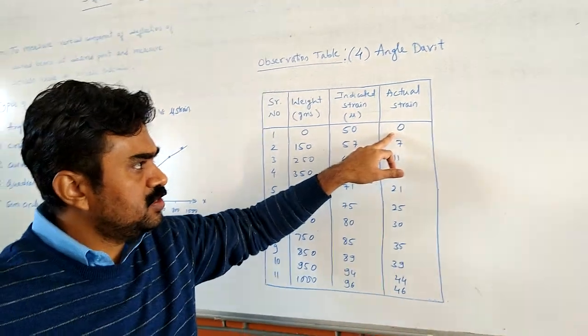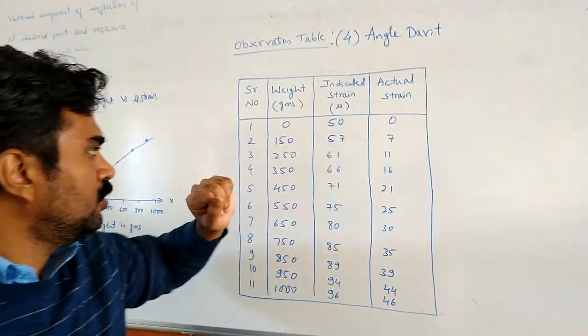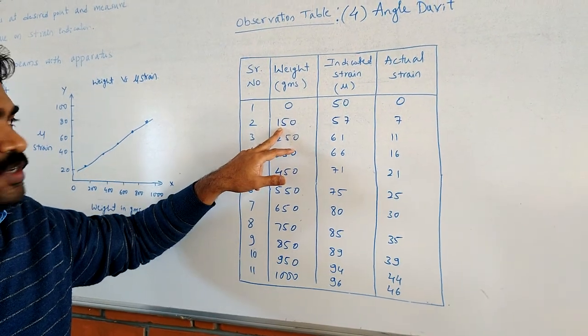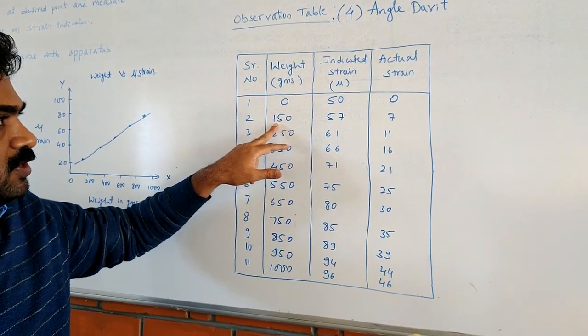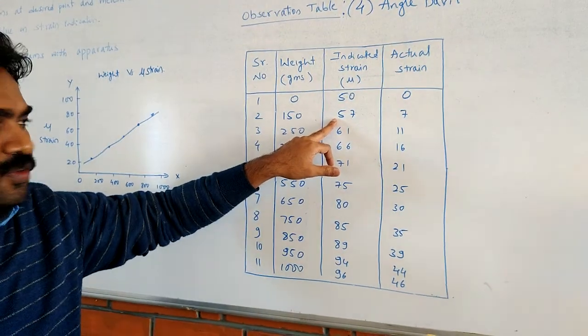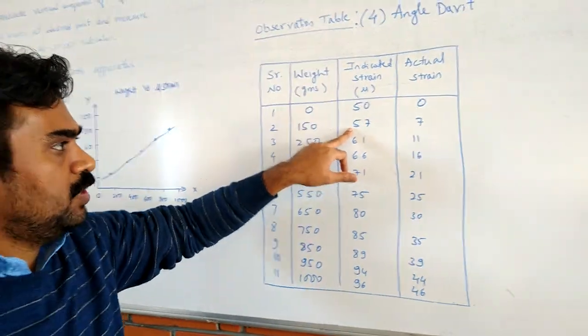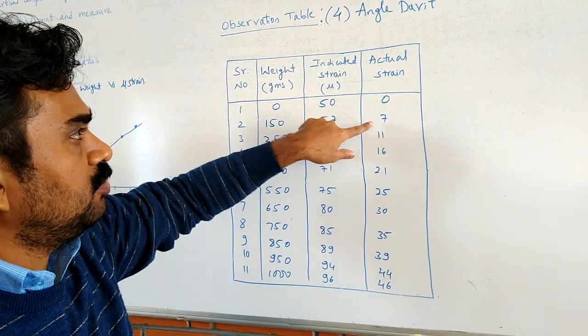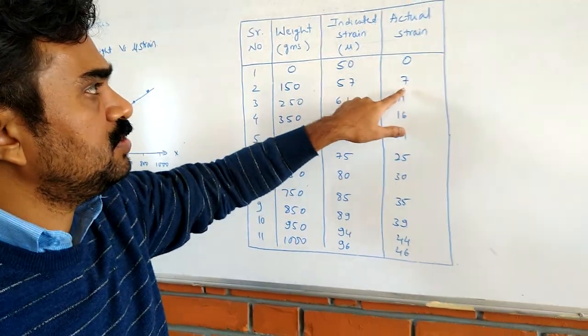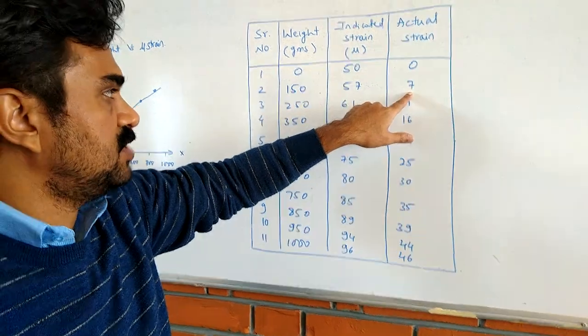For 150 gram, that is the weight of the span, it showed an indicated strain of 57. To find the actual strain, 57 minus 50 gives 7.